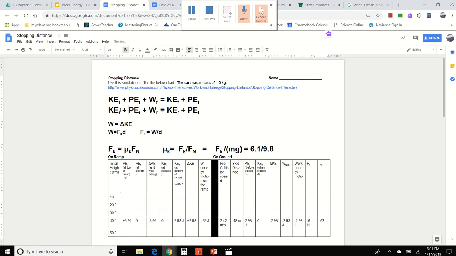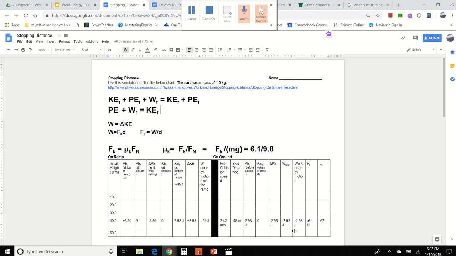But once we cancel out things, we have no initial kinetic energy. We have no final potential energy. So this initial equation, and this is just for this first part, because that's the part where it's falling, to this. Potential energy lost some of its energy to friction. There's negative work done on it. Here's our final kinetic energy. And that's here. The final kinetic energy here is the initial kinetic energy over here.